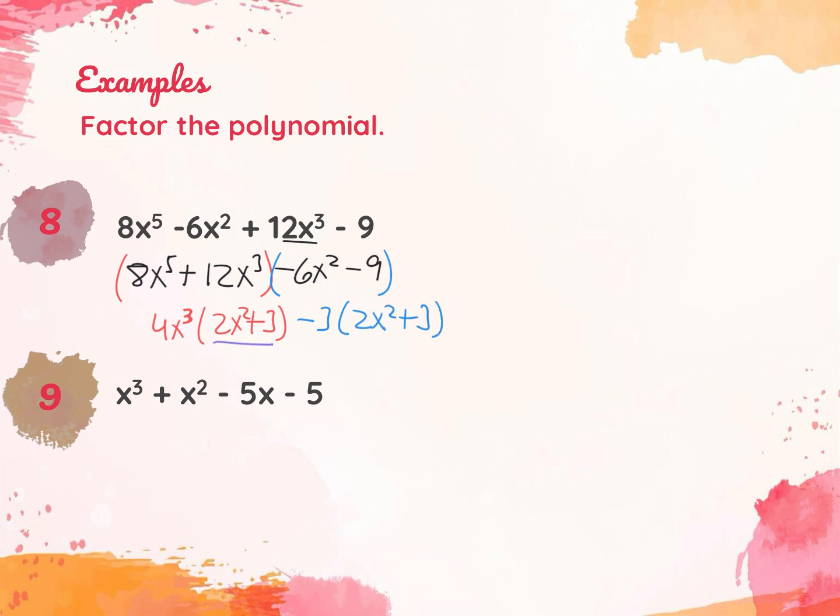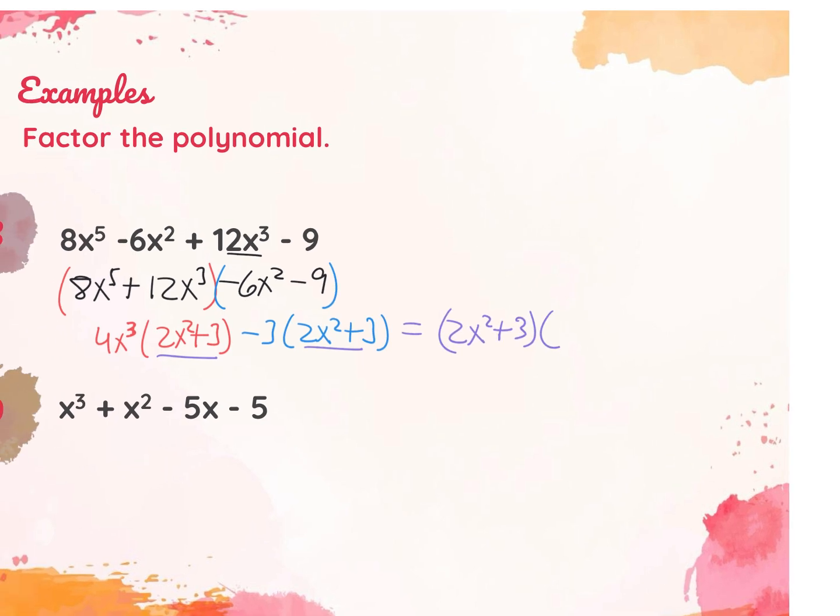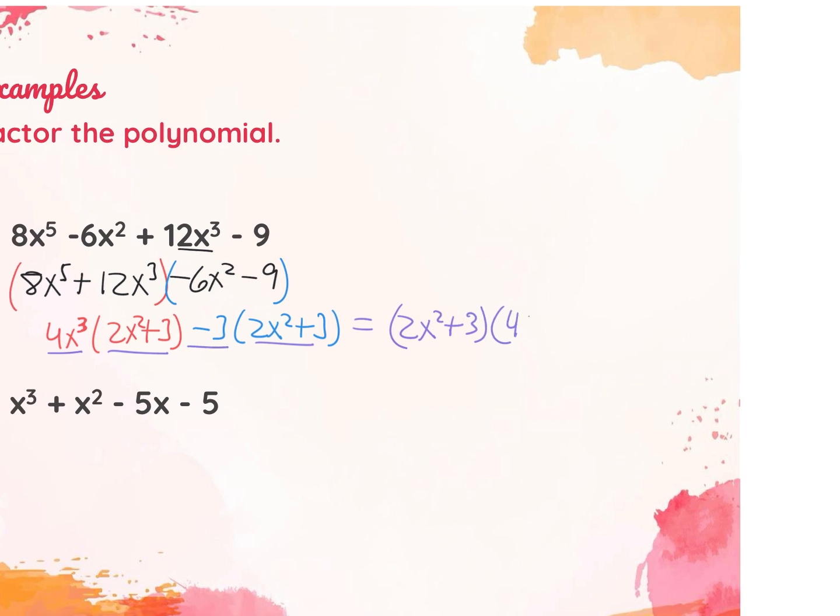So this parentheses and this parentheses match. I can take that out as a GCF, 2x squared plus 3. And then left over is going to be the GCFs originally that we took out, that 4x to the 3rd and that minus 3. That's all we got to do.